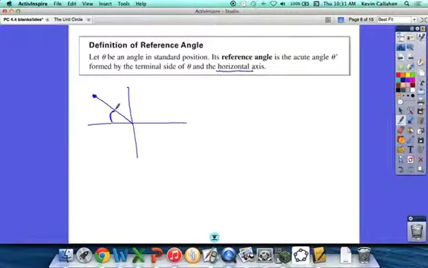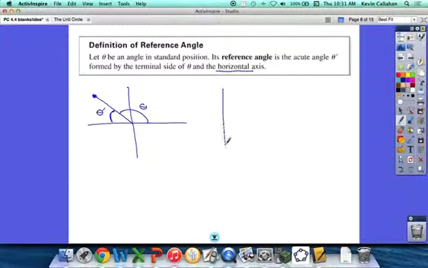And when they say reference angle, they're using this notation where they're using theta with a little hash on it. You call that prime. It's like theta prime. So this is theta prime. This is still theta. Theta is the angle with the positive x-axis. Theta prime is this angle with the x-axis, which is actually the negative x-axis. It's with the closest horizontal axis, right? That's theta, that's theta prime.